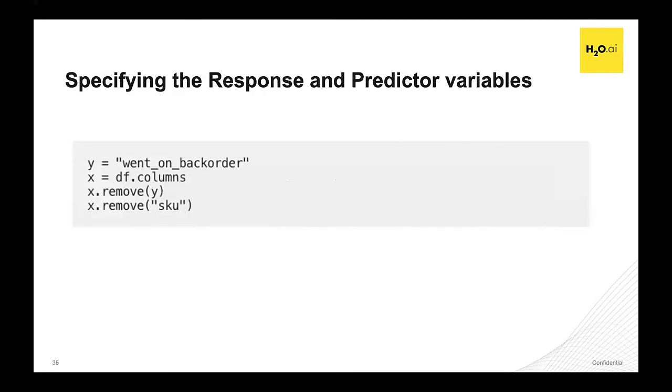Once we have defined our training and testing data sets, we are also going to define our response and predictor variables. So the response variable is the variable that we want to predict. So it is went on back order. This is in our data set, and it represents whether a product went on back order or not. So this is a binary response, okay?